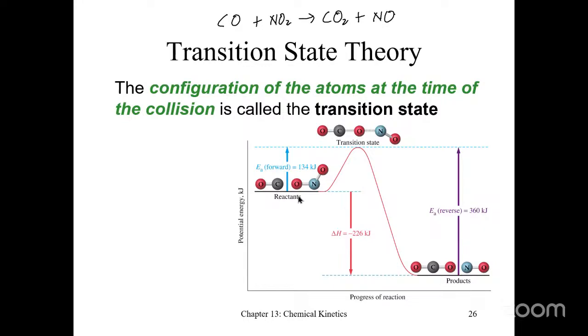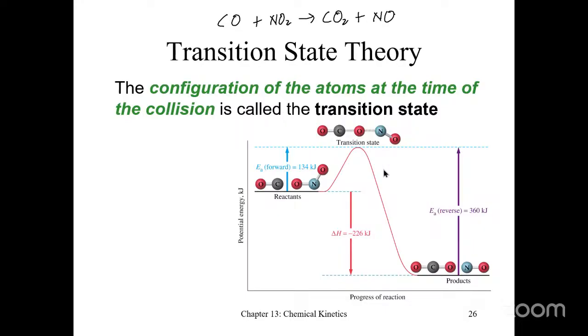And of course, a certain amount of energy is needed to get from the reactants to the transition state. And that would be the activation energy, which in this reaction is equal to 134 kilojoules, right? And then what happens is that you have the complete formation of the carbon to oxygen bond. Simultaneously, you're going to have the complete breaking of the oxygen to nitrogen bond.